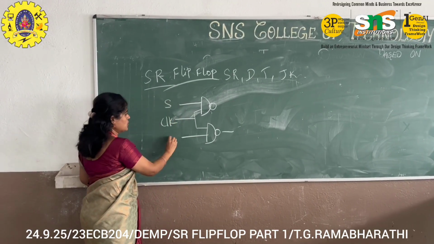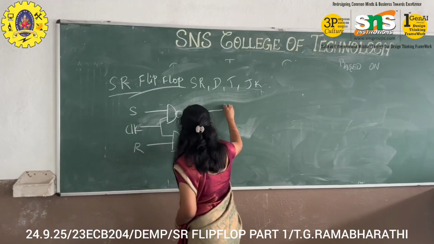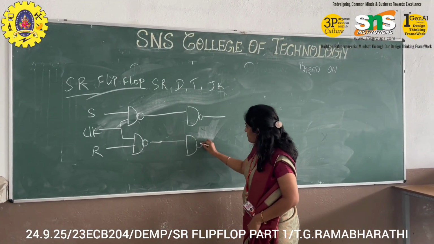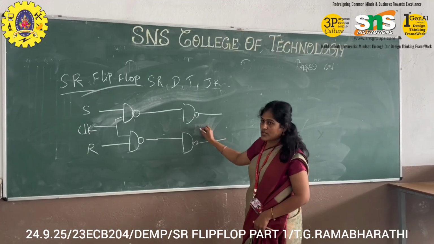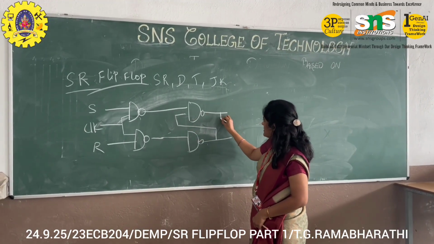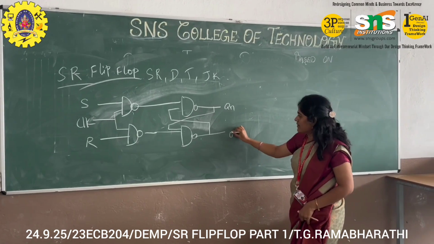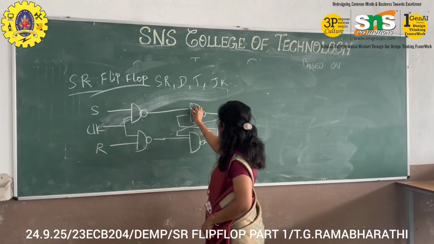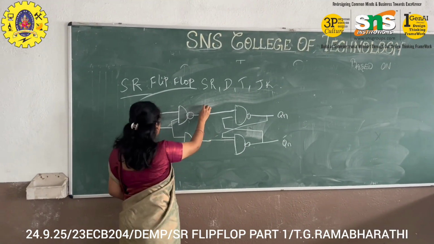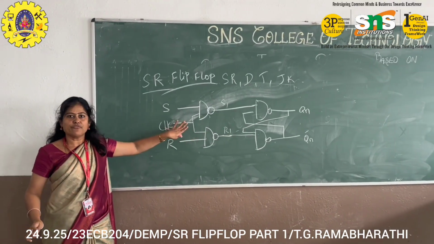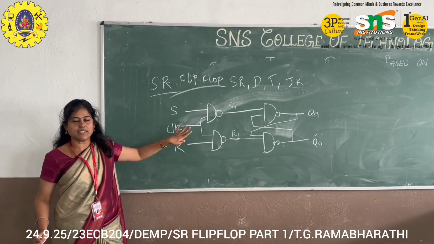This is the S input, this is the R input, and again we connect one more logic stage. Then this output is given here and this output is given here. So these are Qn and Qn bar. Let's give some names here: this is S1 and R1. This is the logic diagram of the SR flip-flop.